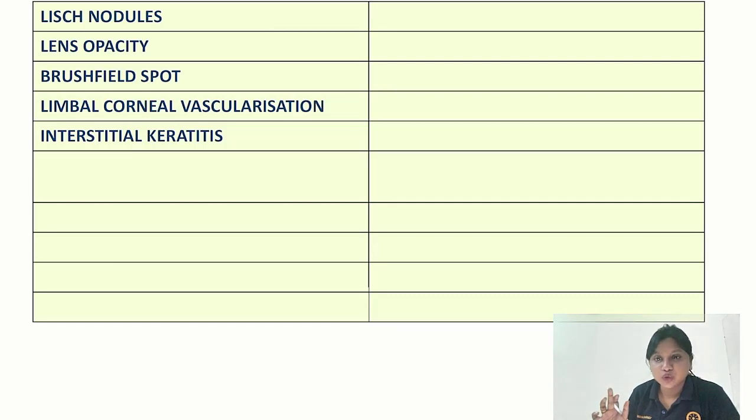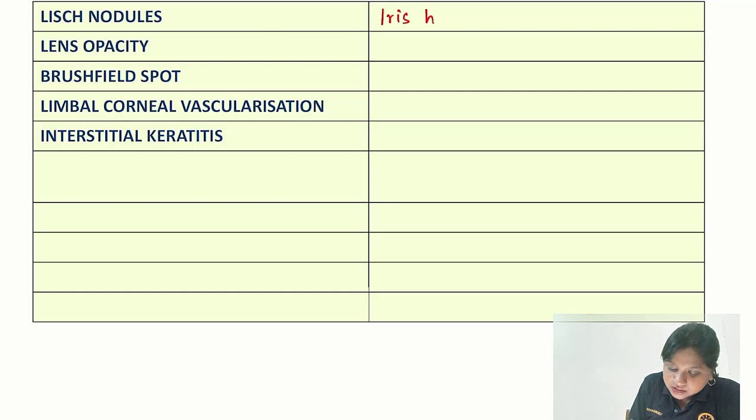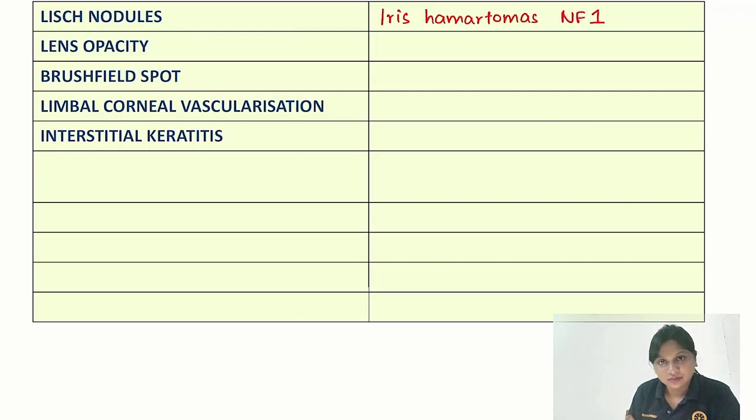Coming to Lisch nodules. So this is nothing but iris hamartomas, which you get in case of neurofibromatosis type 1, right? And you need at least 2 for diagnosis of neurofibromatosis type 1.